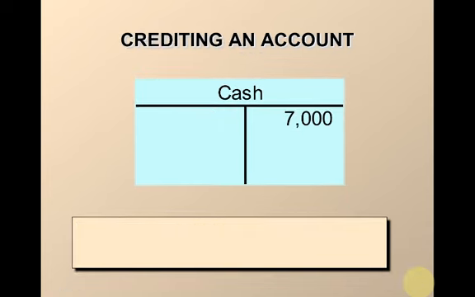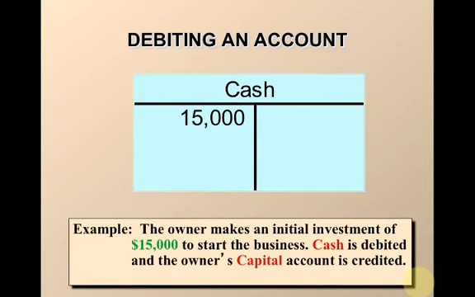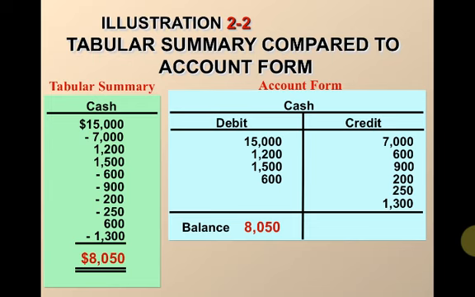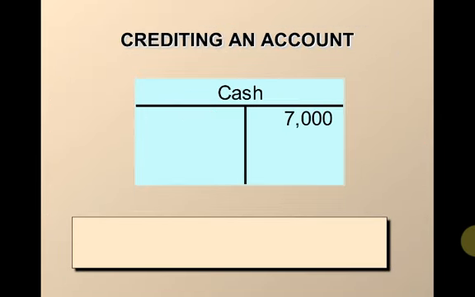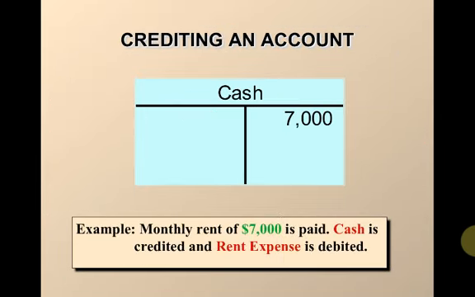Now we're going to credit an account. In this previous transaction, we just showed the one account, but remember, in every transaction your debits must equal your credits. Let's credit the account now. Rent of $7,000 is paid. Cash is therefore credited. And in this case, rent expense is debited.